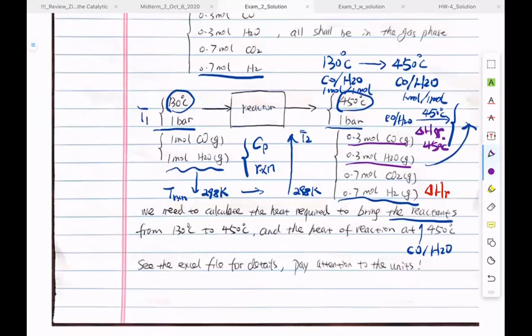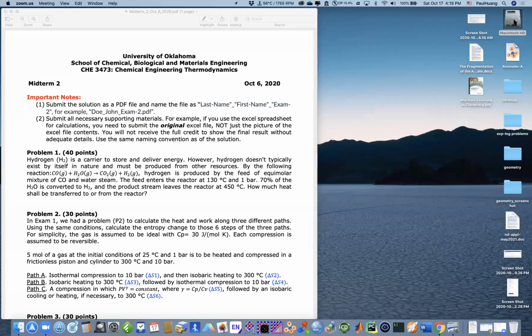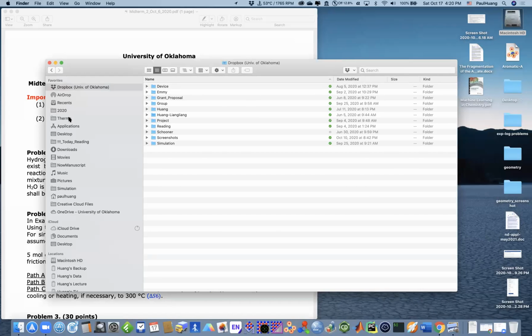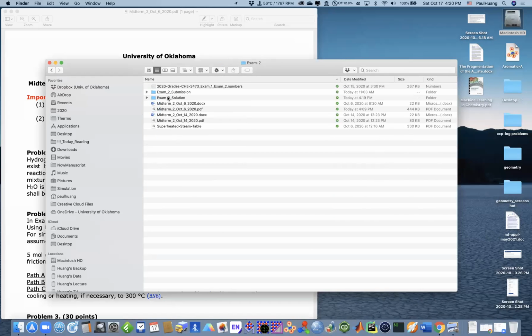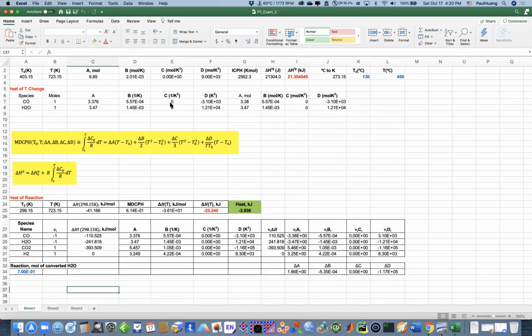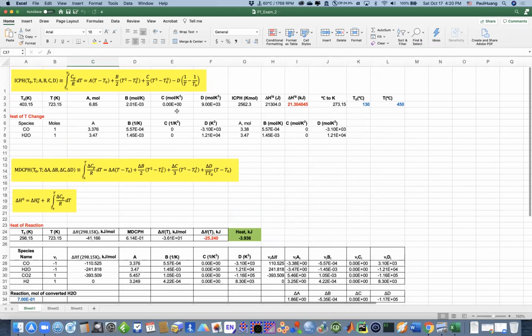So if we take a look at the Excel file, you have access to this Excel spreadsheet.